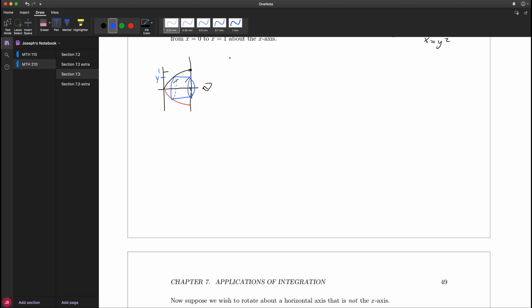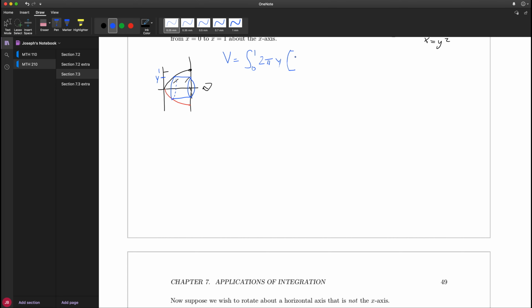Now our volume is going to be the integral over the y bounds, 0 to 1, of 2 pi times the radius. The radius of this cylinder is just y itself. And the quote-unquote height of the function, so I'll make this a square bracket, the height of the cylinder, no matter where y is, you have an upper bound of 1 everywhere.